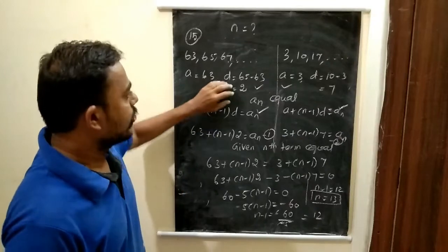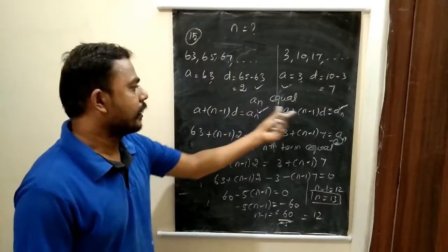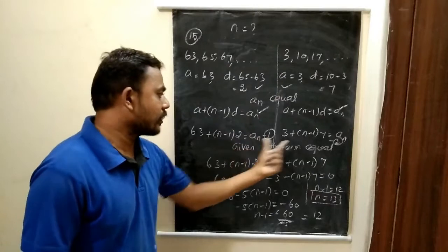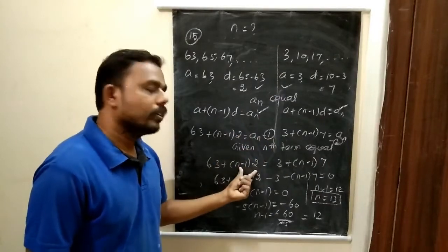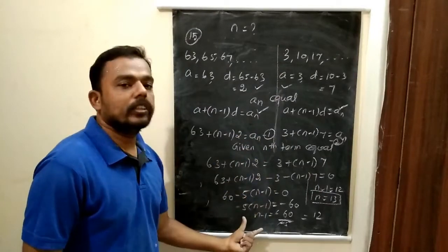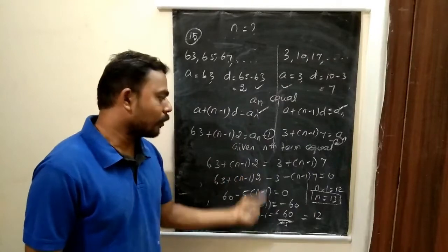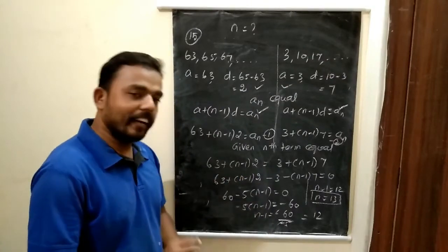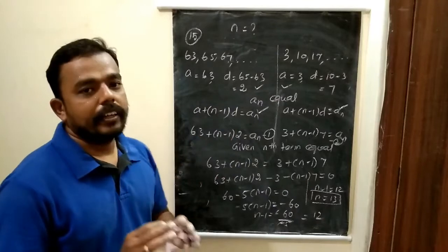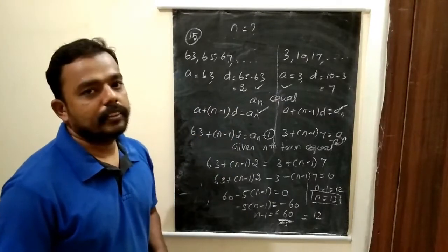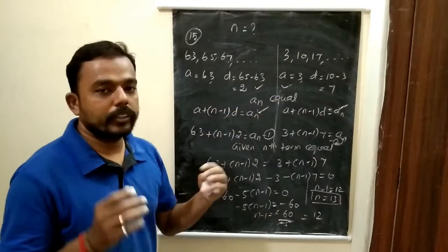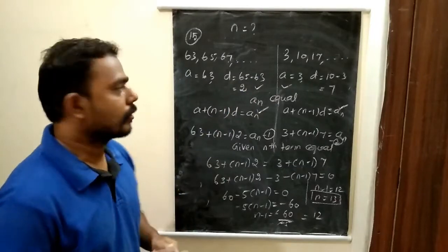With the a value and d value given, an is equal, so the left sides are equal. Now using this, solve the equation. After that you can write the n value. So that is the 13th term. Here also it's going to meet.